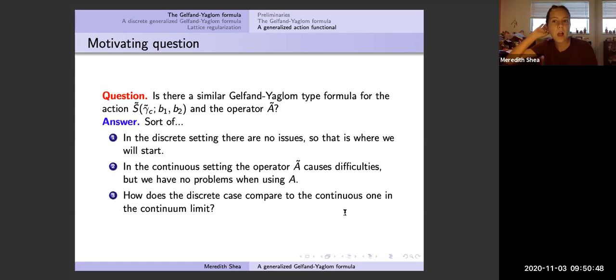So we'll see a couple motivations along the way. One is going to be in the discrete setting, where after doing all the work, A tilde is a lot better of an operator in the discrete setting, especially when you're considering convergence. I think just because A tilde is the natural operator that arises in the Hamiltonian setting, whereas A is more of the natural operator that arises in the Lagrangian setting.